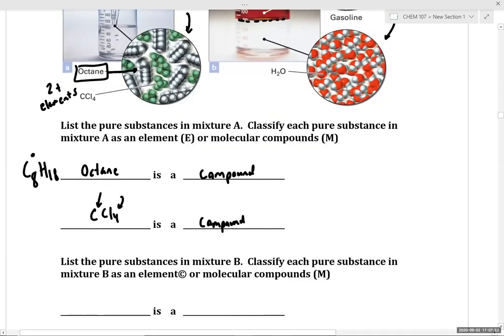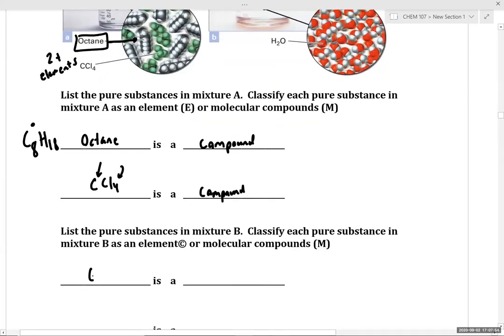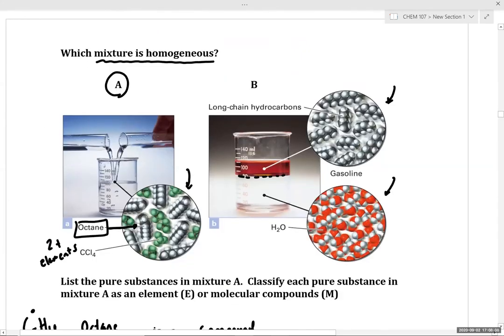Let's do the same thing for mixture B. So if we think about gasoline, if we look really closely at the species that make up this gasoline sample, just looking at one of these molecule pictures, do we see a single element or do we see two or more different elements chemically bonded?